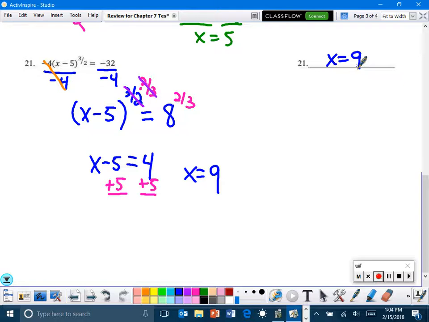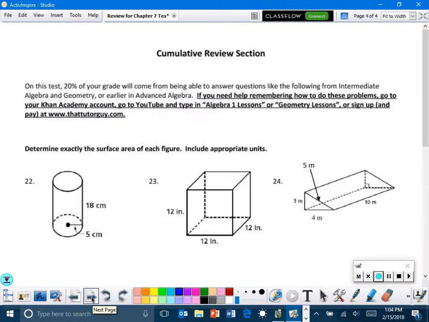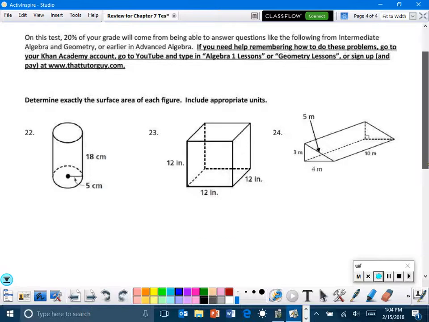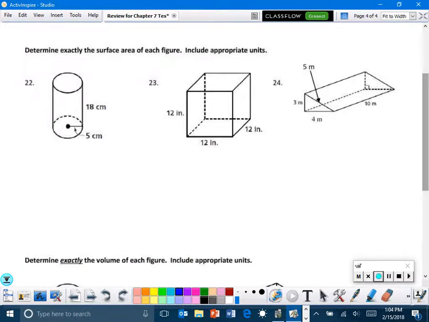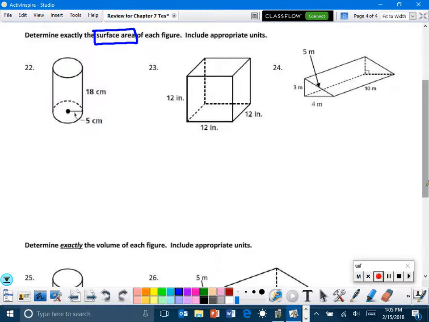All right. Let's look at the last page. Now on this last page, you are going to want to write these formulas down on your paper. All right, this first one says surface area. And we have a cylinder.